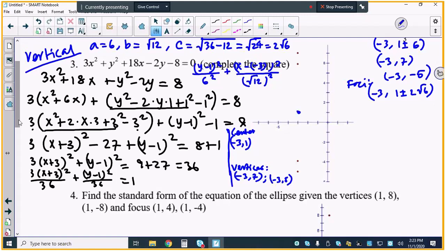The 2 vertices are at negative 3 comma 7, which is here, and negative 3 comma negative 5, which is here. The foci are at 1 plus 2 square root of 6, which is somewhere here. And the other one is at 1 minus 2 square root of 6, which is near negative 4.